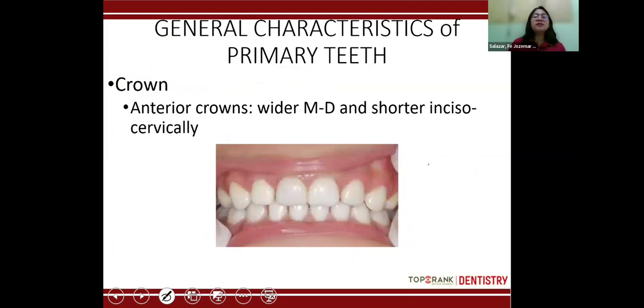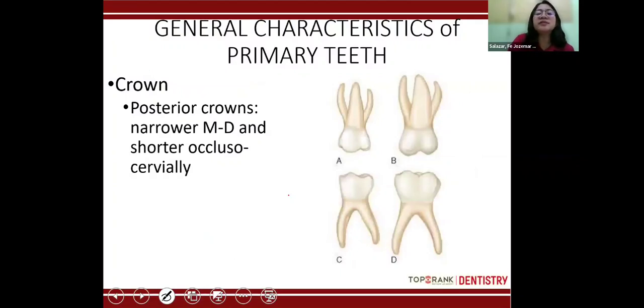Now, anterior crowns are wider mesodistally and shorter incisocervically. Okay. Posterior crowns, they are narrower mesodistally than the permanent and also shorter occlusocervically. Diba? Sabi nga natin, primary teeth are smaller than permanent. They have shorter roots, shorter crowns, narrower crowns mesodistally, and even faciolingually.